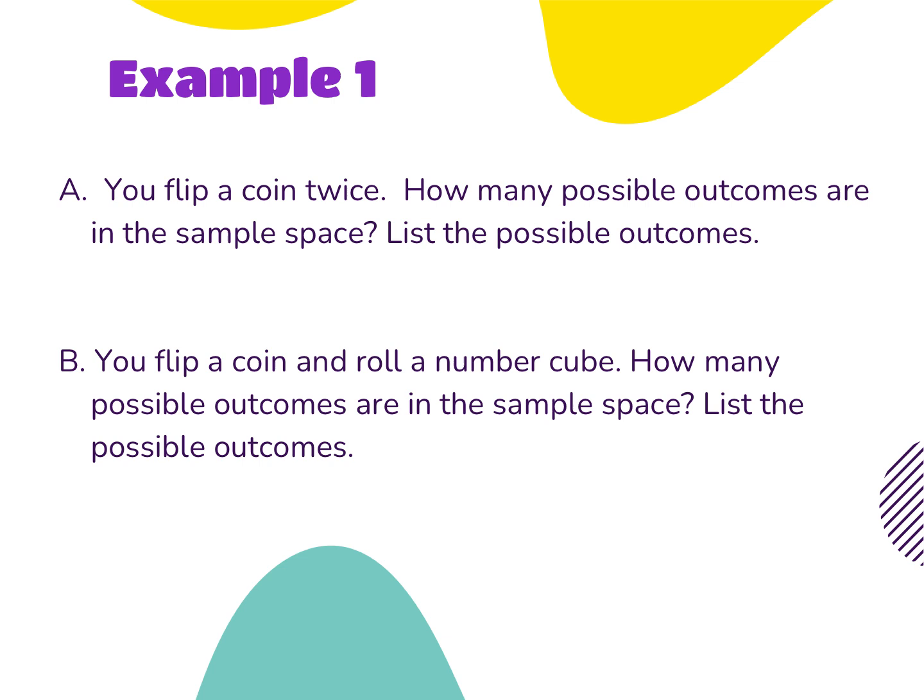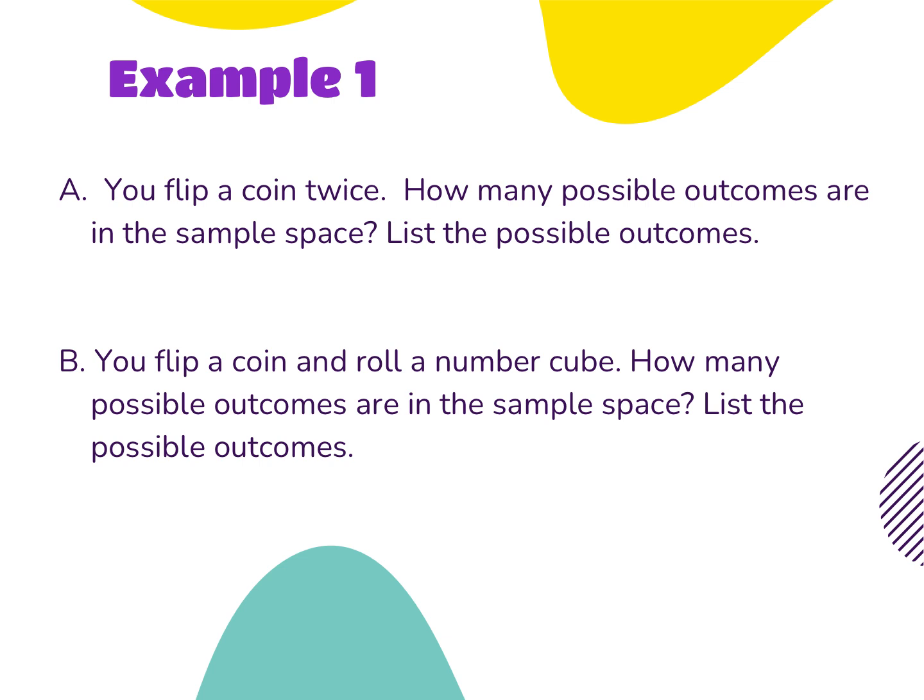All right, looking at this example, it says you flip a coin twice. How many possible outcomes are in the sample space? So that's the first question, and they want me to list all possible outcomes. Keep in mind, you're flipping a coin. How many times are you flipping the coin? Twice. How many sides does a coin have? 2.